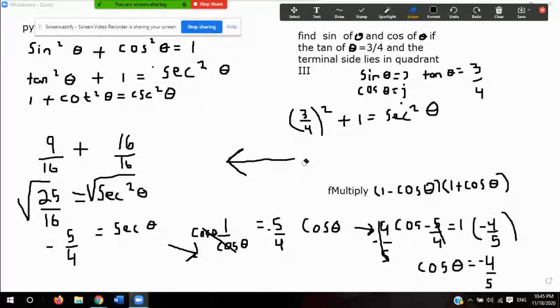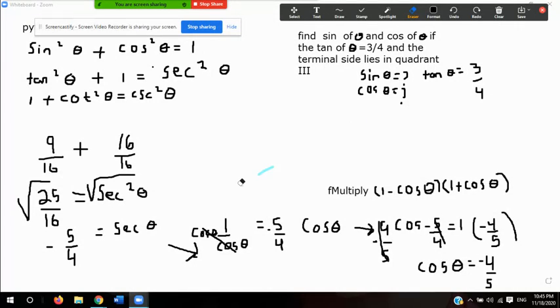What I did was take 1 over the cosine of theta equals negative 5 over 4, and isolate the cosine of theta. I divide by the reciprocal, which is negative 4 over 5, and that means the cosine of theta is negative 4/5. If you have any doubts or questions, you can rewind the video.